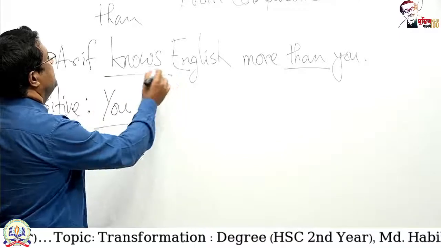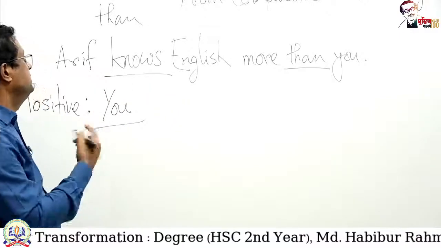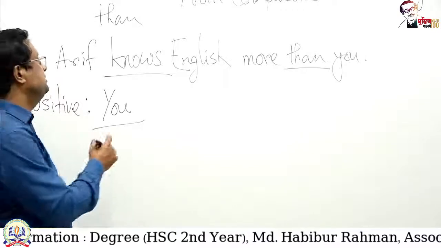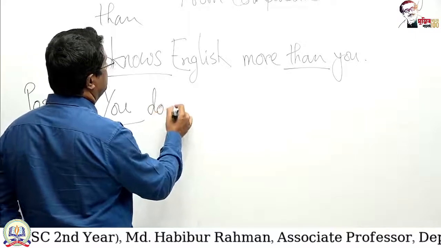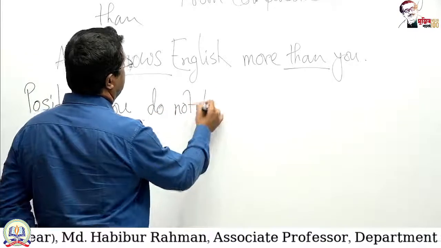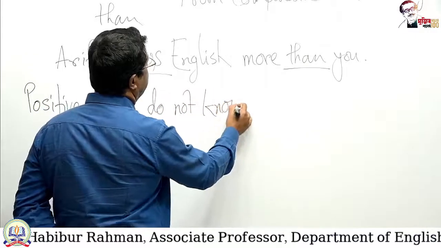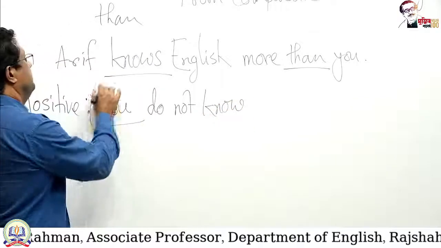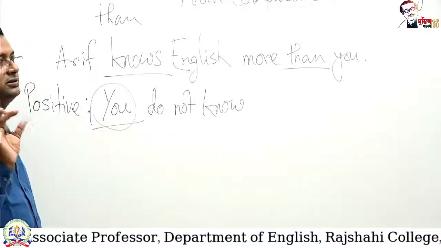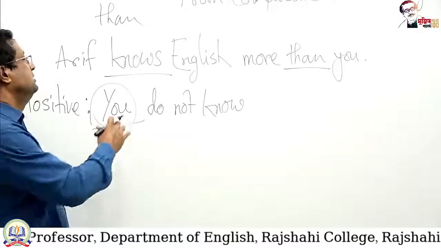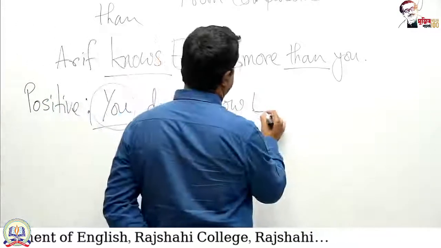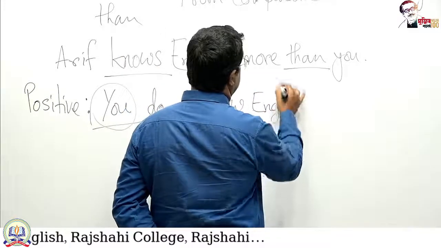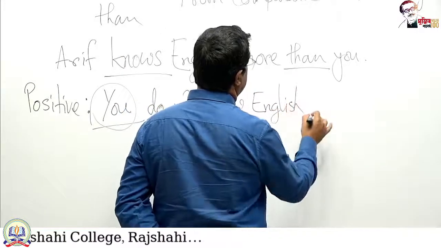What is verb? Knows. But when the subject is you, the verb will be you do not know, because of negative, because of the person, for both reasons. You do not know English.